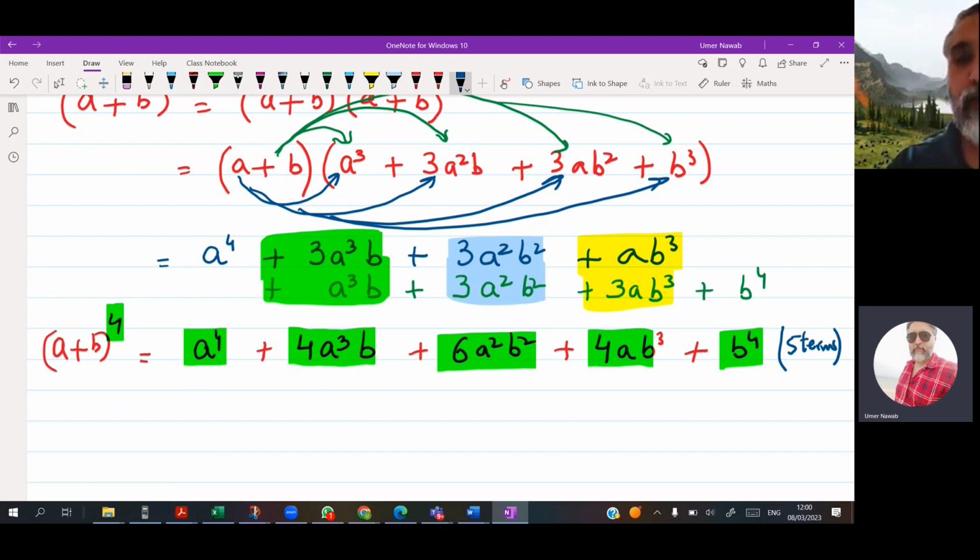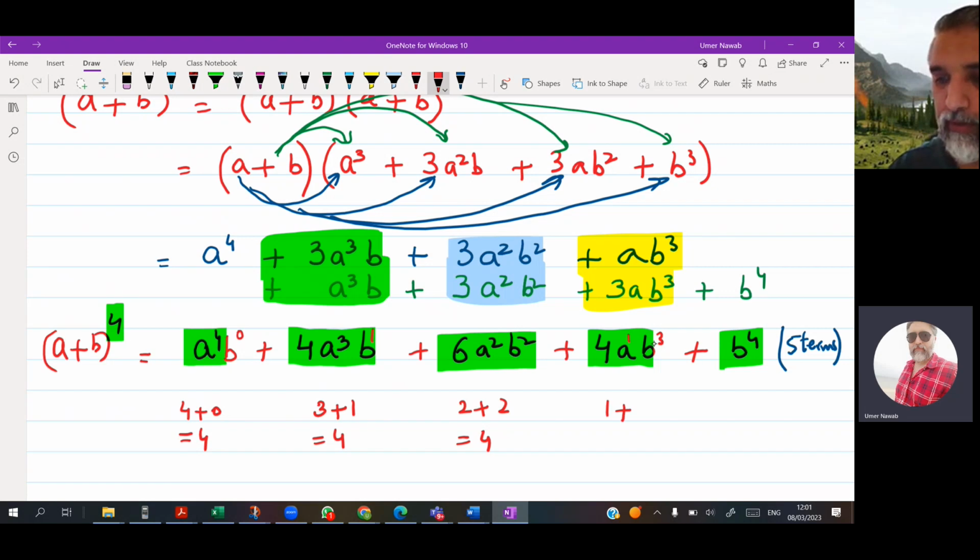Number 2, let's look at the sum of the power. So this is 4, and if I want to write here b, so the b power 0 must be written over here. So guys, 4 plus 0, which is 4. This is 1. So 3 plus 1, the sum of the powers, it's again 4. 2 plus 2, the sum of the power is 4. 1 plus 3, sum is 4.